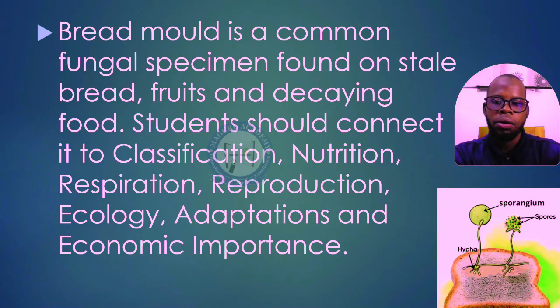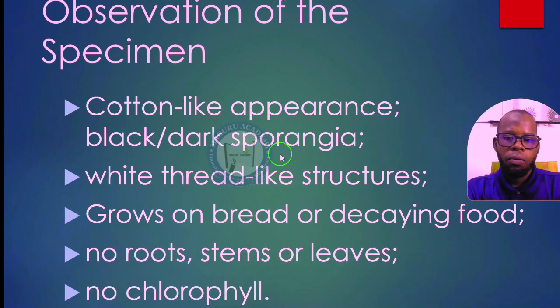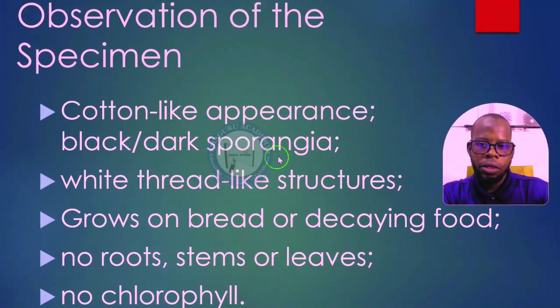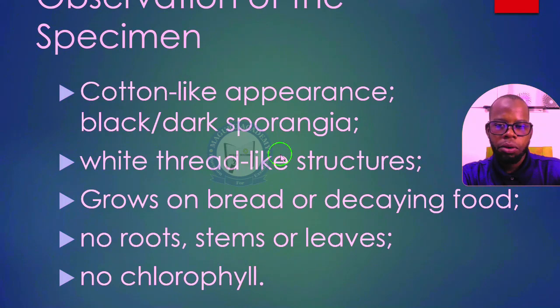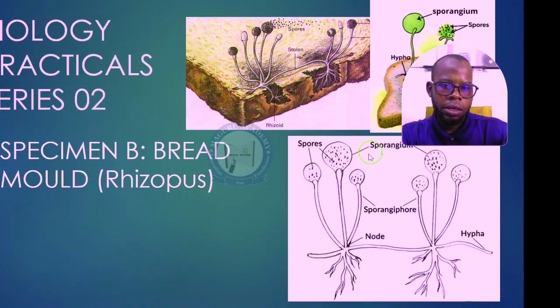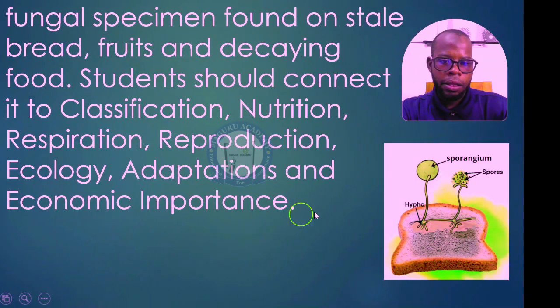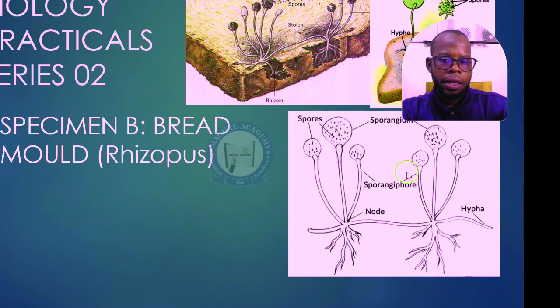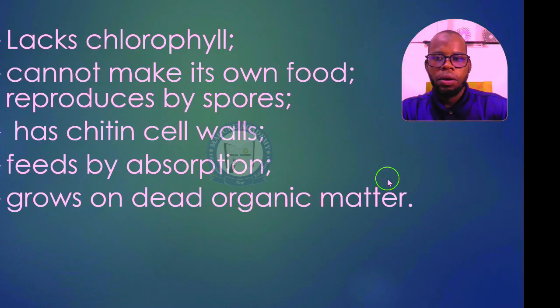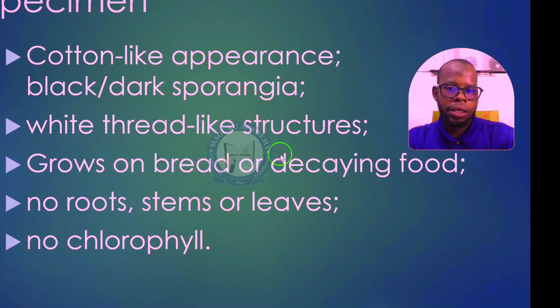Observation of the specimen, this bread mold: you see there is a sporangia, and back here you will see sporangia. You see the spores, you see the hypha. Those are the external features of this organism. It has a white thread-like structure.